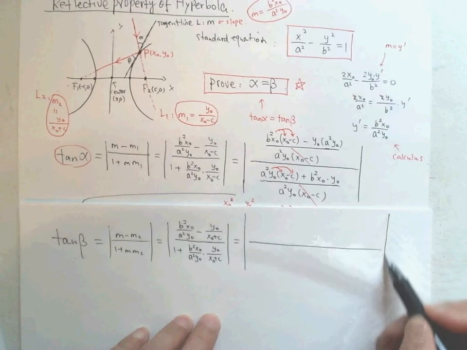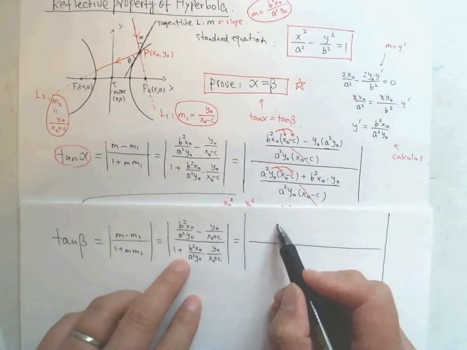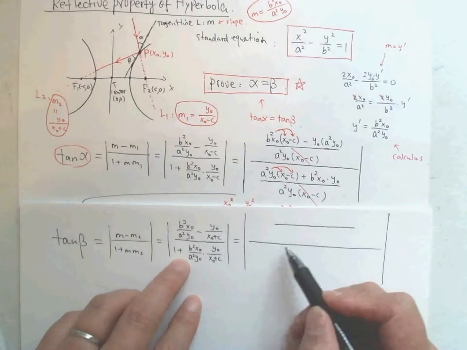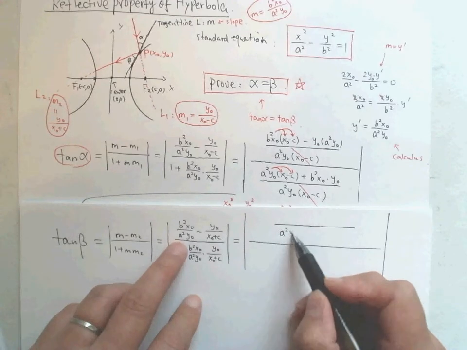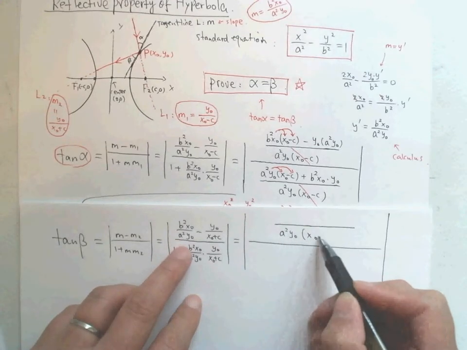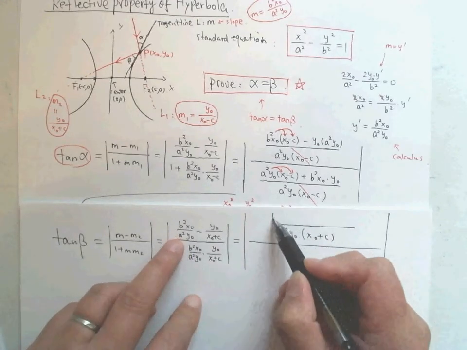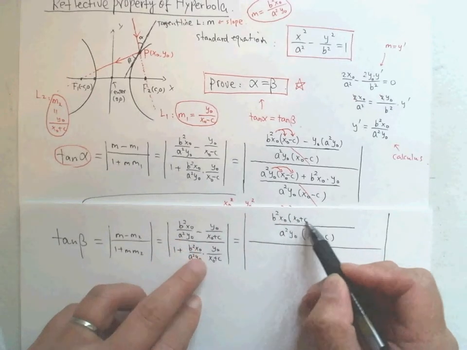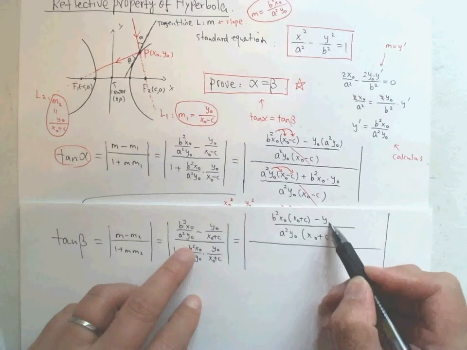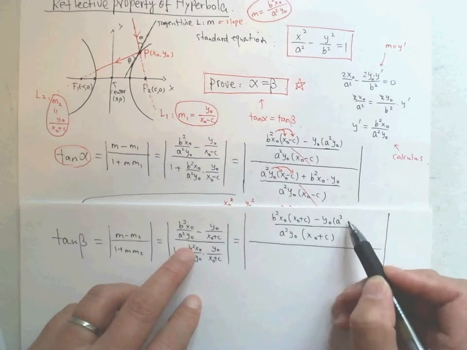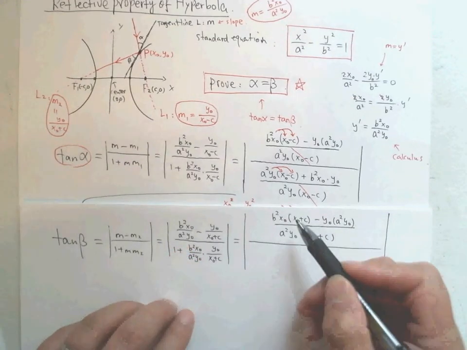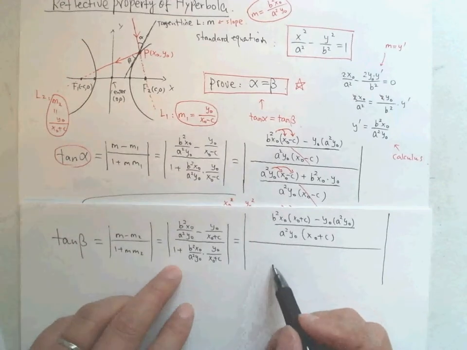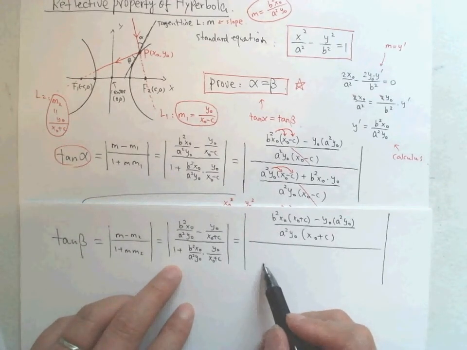Then the same way I did before, I make a compound fraction. The top is b square x0 times x0 plus c minus y0 times a square y0.